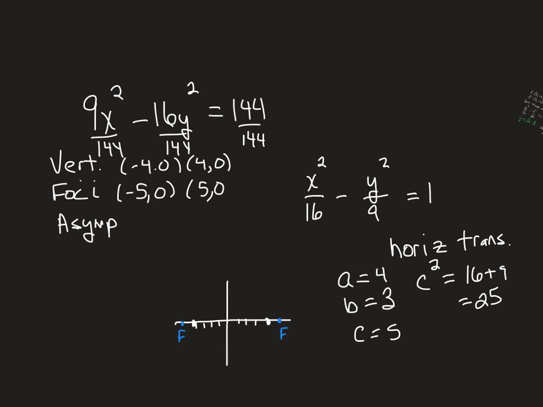And then our asymptote is going to be y equals plus or minus 3 over 4. Remember, it's change in y over change in x, so in this case, b over a, 3 over 4. So our asymptote is y equals plus or minus 3/4 x.